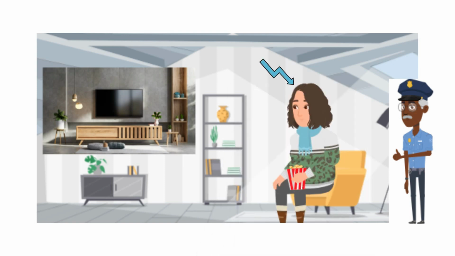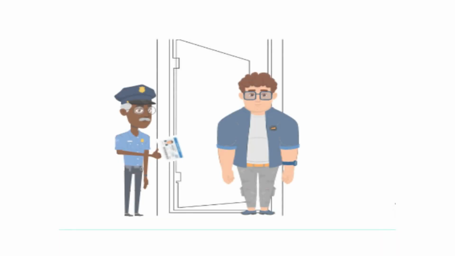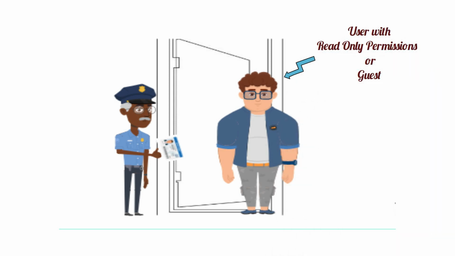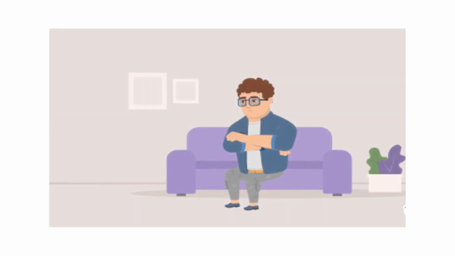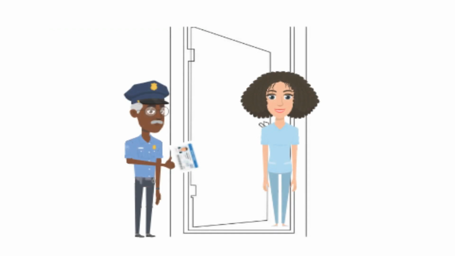If the user is a root user, that is the owner of the house, IAM will allow that user to do anything within the house. In another case, if the user is a read-only user, like some guest, then that user cannot use any appliance or access any of the gadgets within the house. He can only simply sit and watch the things happening, because IAM will not allow that user to edit any of the services within the house.